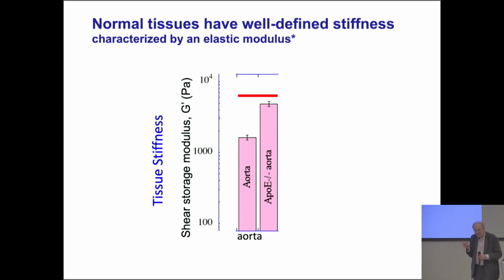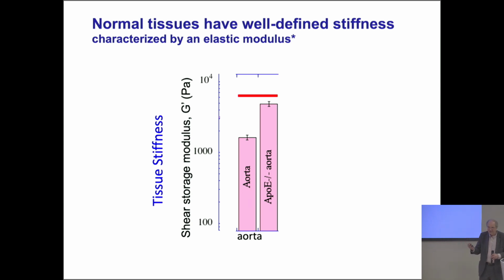But you can change that stiffness a lot by either introducing diseases or just mutations. So in this case, my colleague has made genetically engineered mice that do not make a protein called ApoE. This is a protein that's involved in atherosclerosis. And these mice will all develop heart disease, even if they have a normal low-fat diet and live a good life.